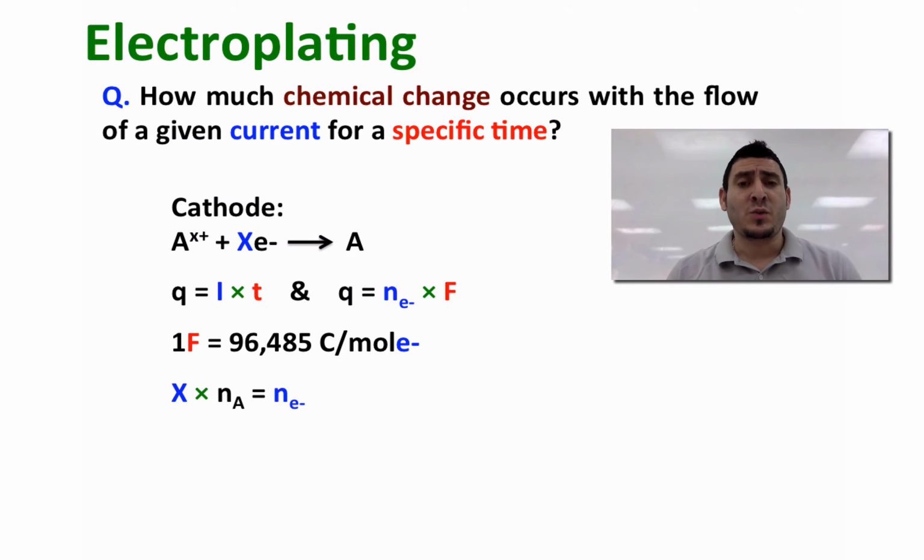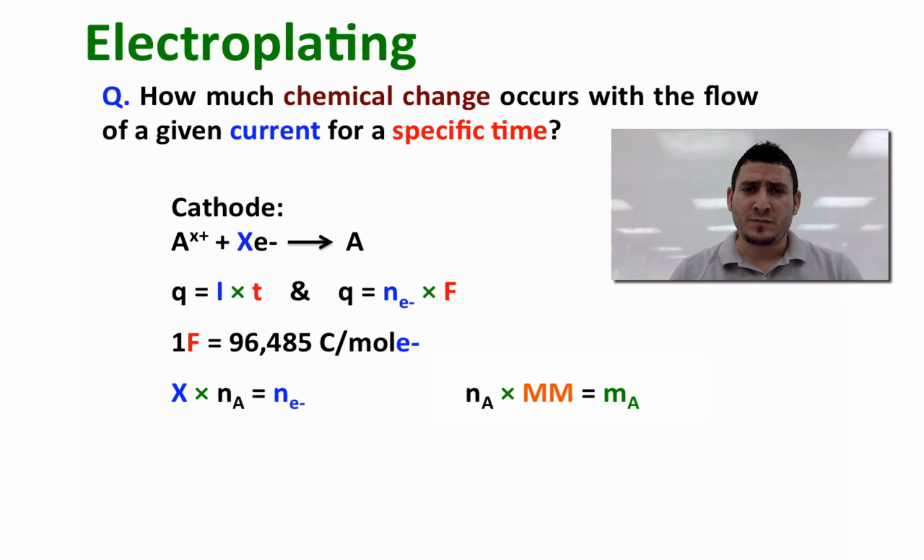From this expression, we can calculate the number of mole of metal that was deposited on the ring. Using the number of mole and the atomic mass of the metal, we can calculate the mass of metal that was deposited on the ring.